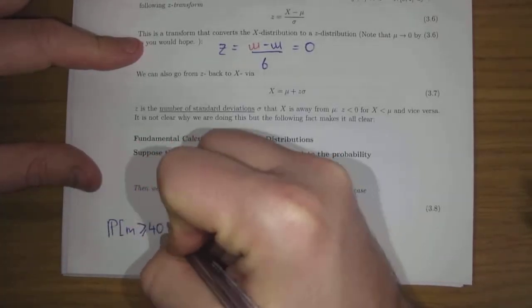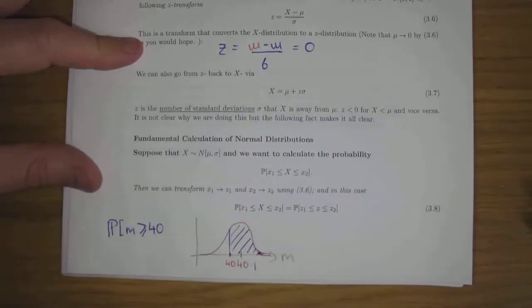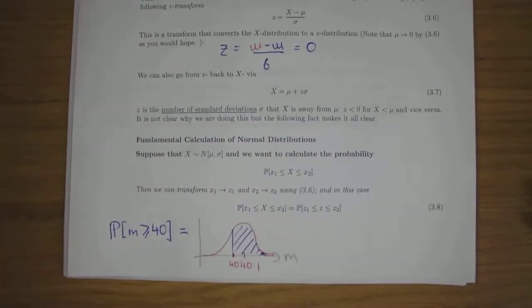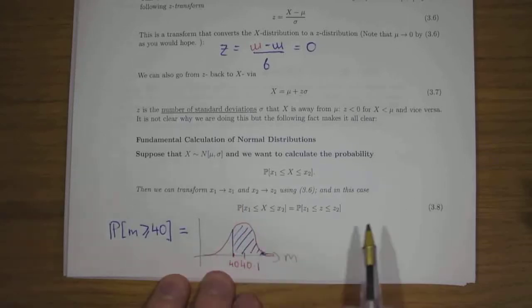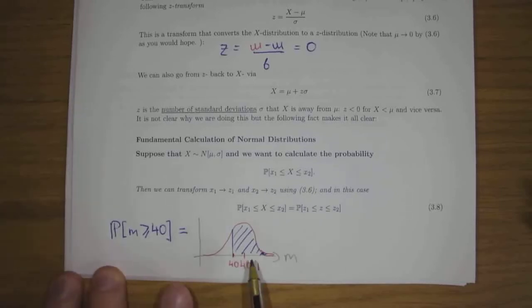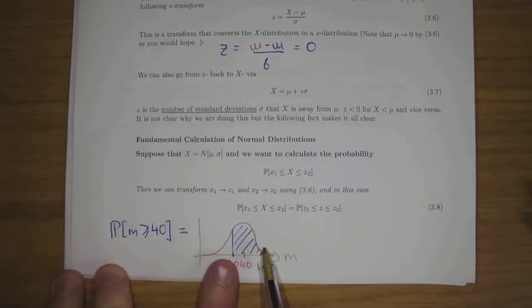Now I can do greater than or equal to, as we discussed in the previous lecture, it makes no difference. So what you have is two bits of information about the bags of cement: the mean, which is where the peak is, and the standard deviation, which basically says how spread out the peak is. And from that you can calculate the probability, it's equal to this area.